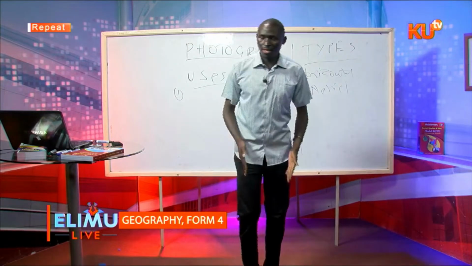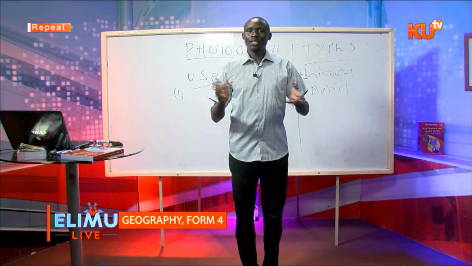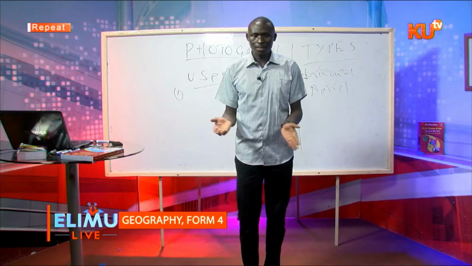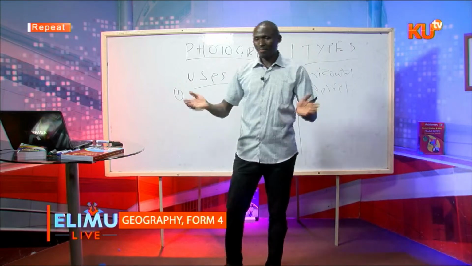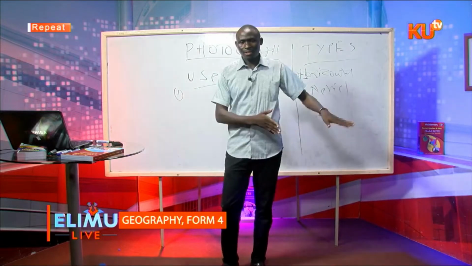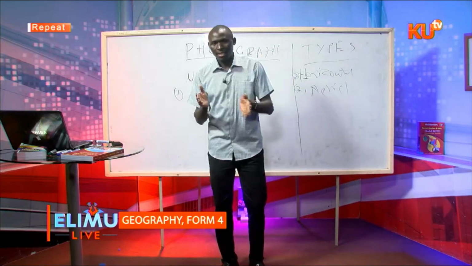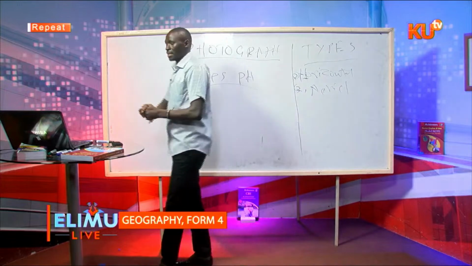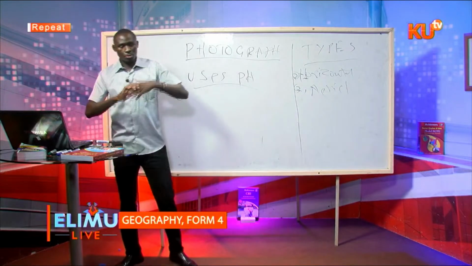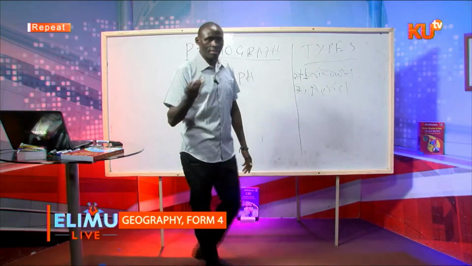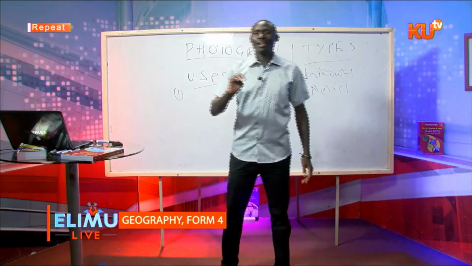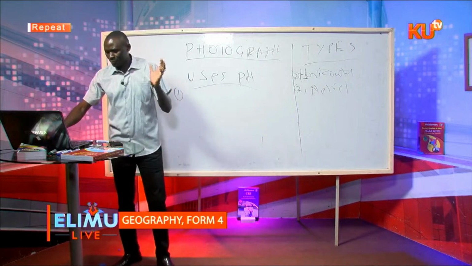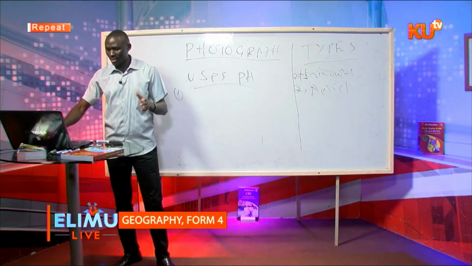When it is directly above you, you know that it is noon, and you'll say it was around 12 p.m. to 1 p.m. Then if the shadow is on the left, depending on the position of the sun, you can tell it was in the morning or in the evening, depending on the area, because we are driven by three things. We have the equator, the tropic of Cancer, and the tropic of Capricorn. So this is what it entails.